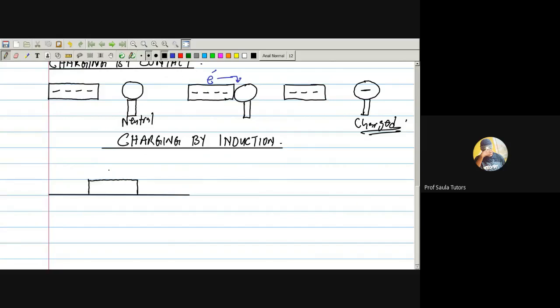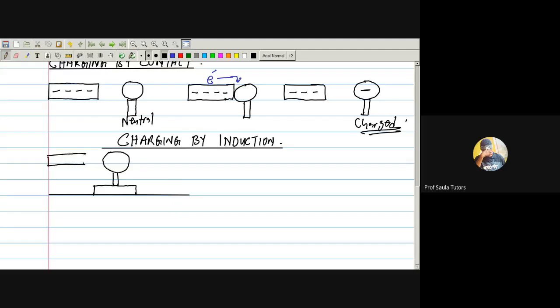This is an insulating stand. Okay, this is a neutral metallic sphere. Now pay attention, I have a negatively charged object.